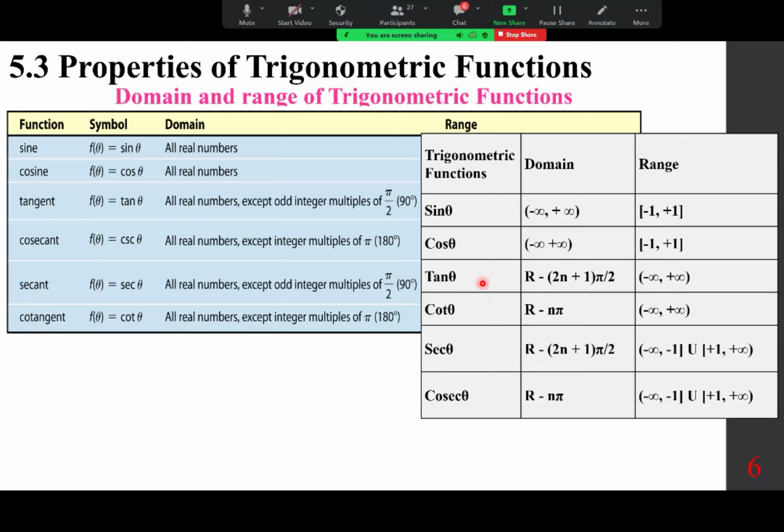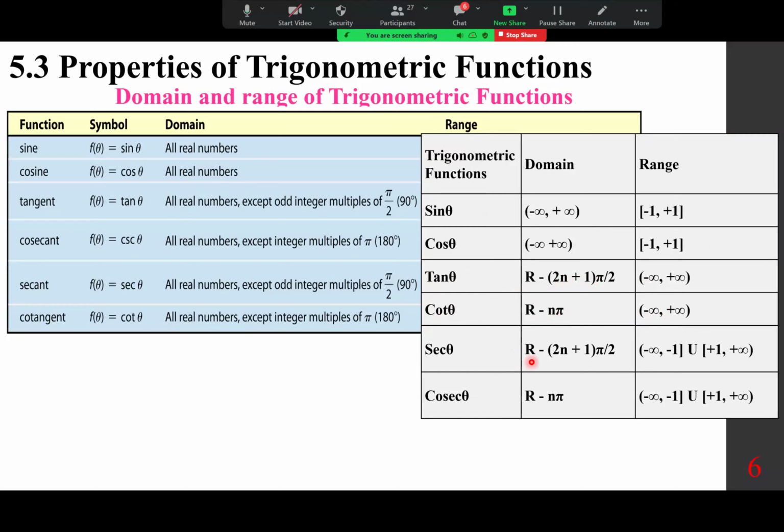Tangent theta: all real numbers except (2n plus 1) times pi over 2, meaning odd multiples of pi over 2. The range is -infinity to +infinity. Cotangent theta has the same range; the domain is R minus n pi, which means integer multiples of pi must be excluded.